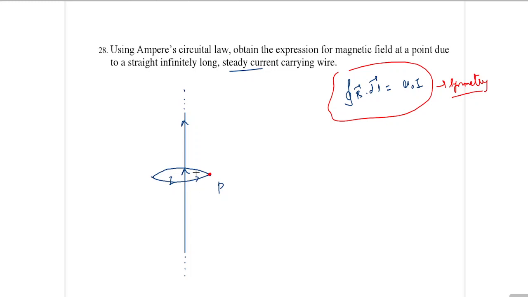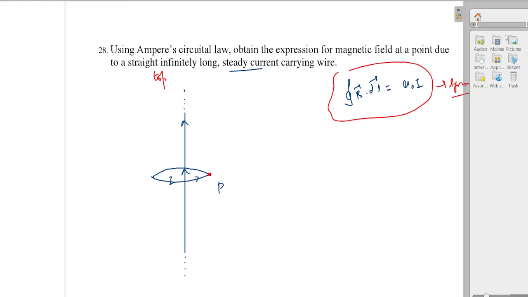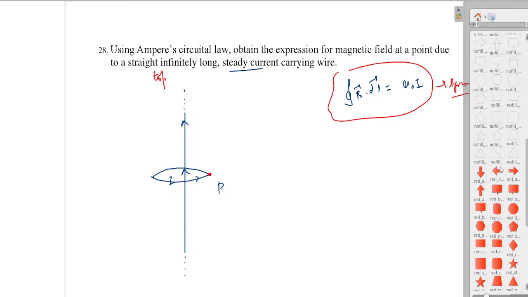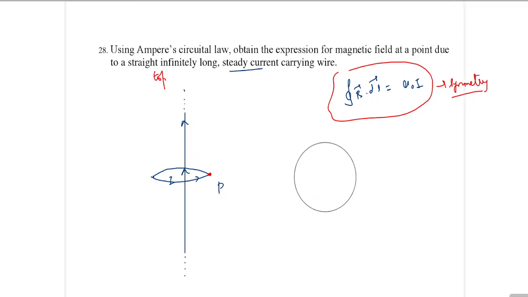In such a case, if we see from the top, you would see something of this kind. So this is the Amperean loop taken, and then you just see a dot.